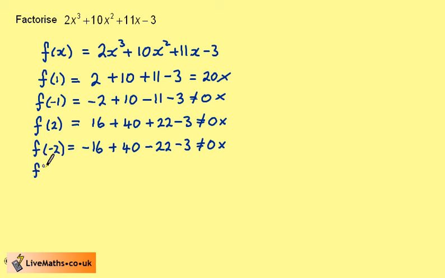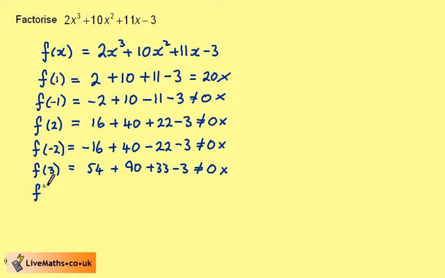If we try f of 3, we get 2 times 3 cubed, which is 2 times 27, which is 54. Then 90, add 33, take away 3, and this is clearly not 0.